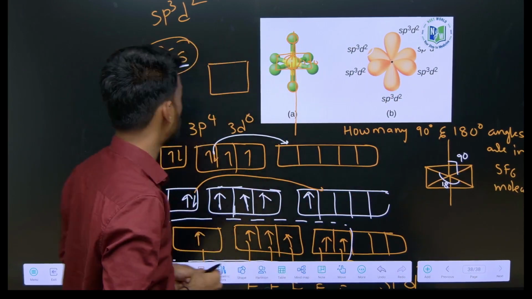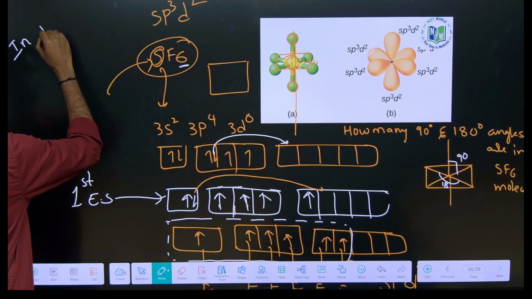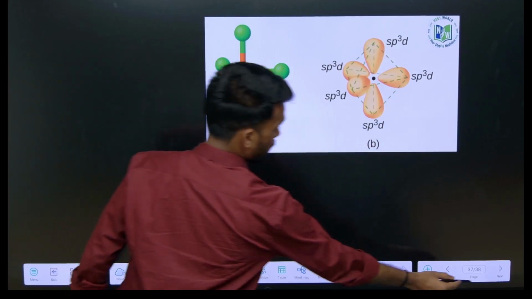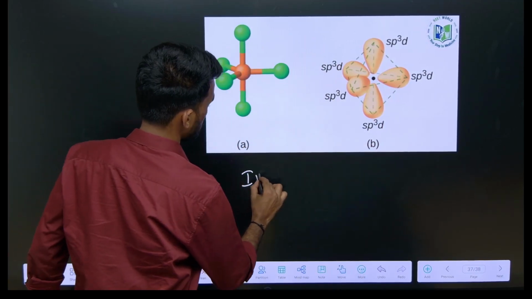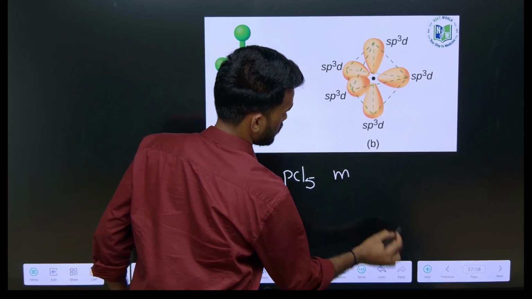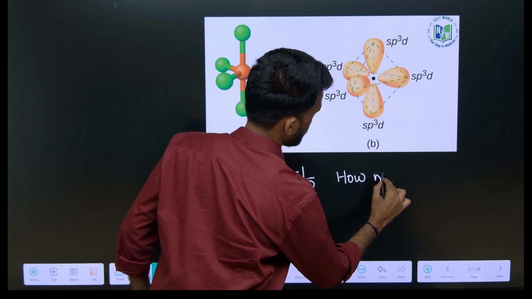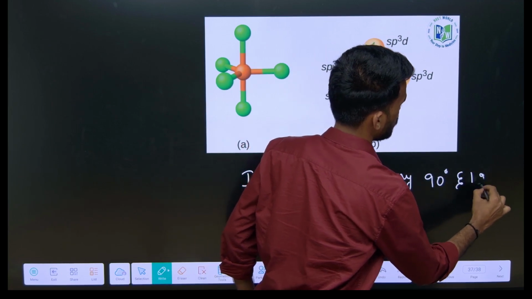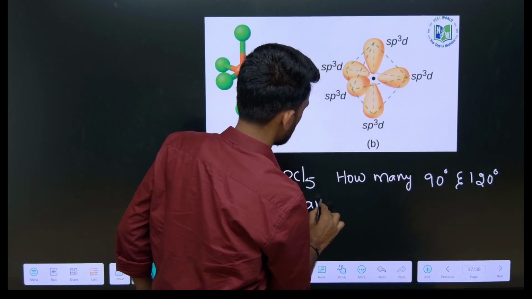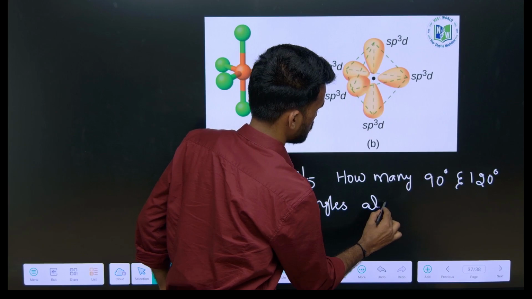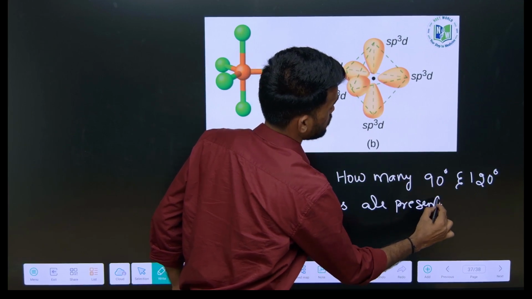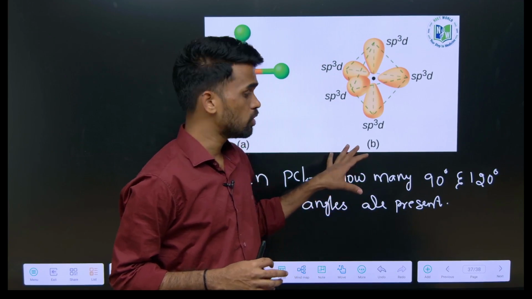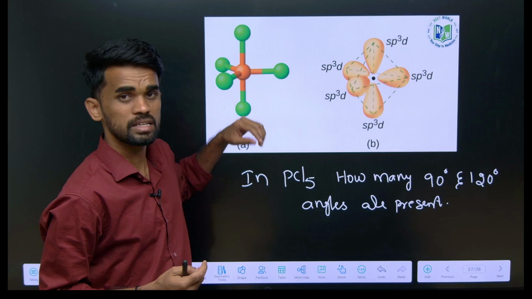And one more question I wanted to give you is, in PCl5, how many 90 degree and 120 degree angles are present? These are PYQ questions, I think from JEE Mains. So you have to answer these kinds of questions just by observing these particular geometries.